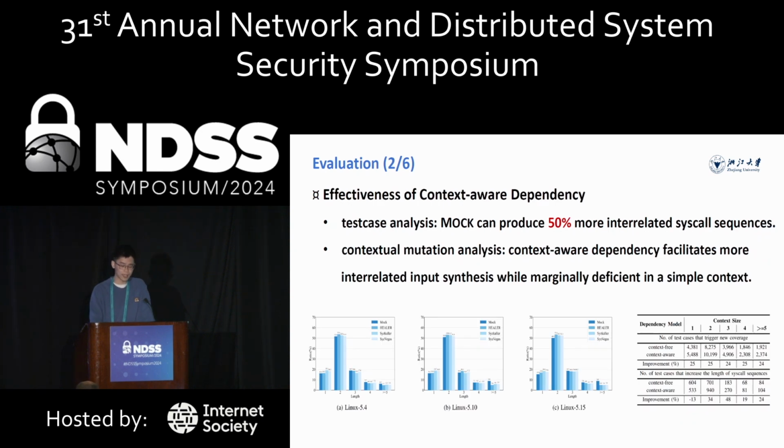Regarding the effectiveness of context-aware dependency, we investigate minimized test cases and the performance of context-free and context-aware dependencies under various contexts. We found that Mock can produce 50% more interrelated syscall sequences. It facilitates more interrelated input sense.